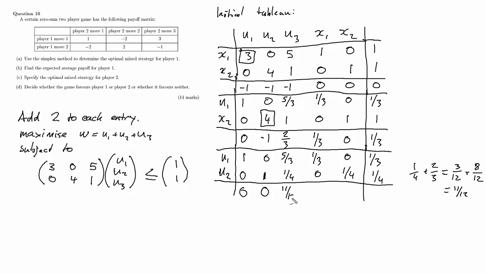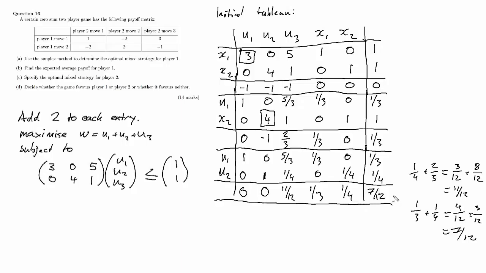So that gives us 11 on 12 in this entry. 1 on 3 plus 0 is 1 on 3. 0 plus 1 on 4 is 1 on 4. 1 on 3 plus 1 on 4 is 4 on 12 plus 3 on 12, which is 7 on 12. So we get 7 on 12 in this entry. There's no more negative values in the bottom row, and that means the simplex algorithm's done.